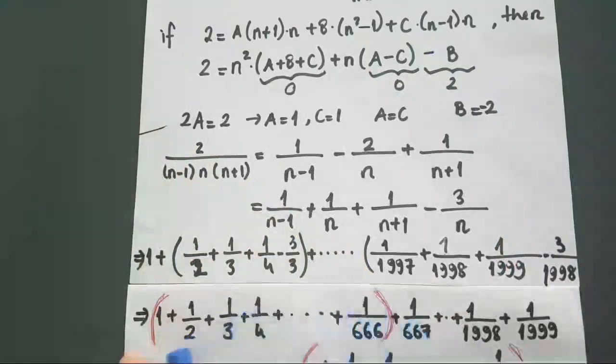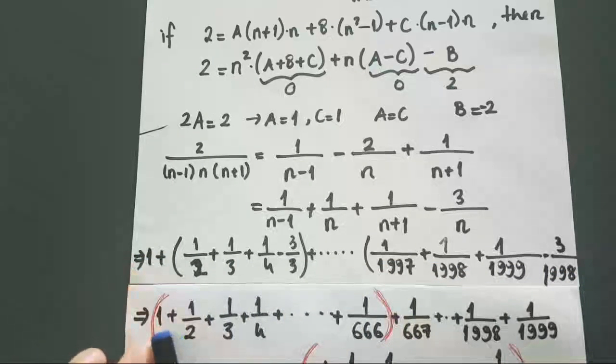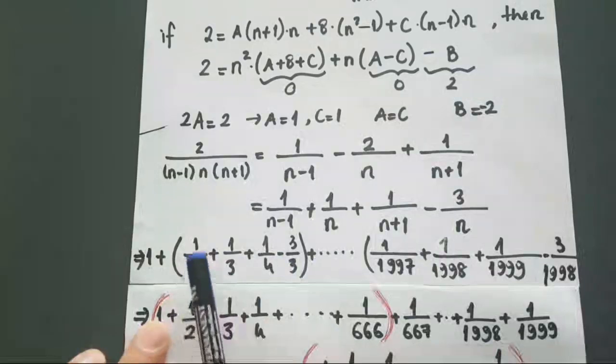Then what am I going to do? If I write all the terms in this sum, from the first term we have a 1, I have copied it. Then for the rest of the terms, I will copy only the first 3 terms from each group given at the beginning. 1 over 2, 1 over 3, 1 over 4.